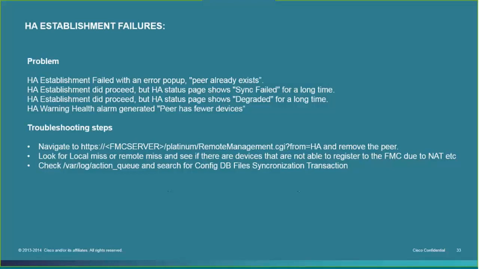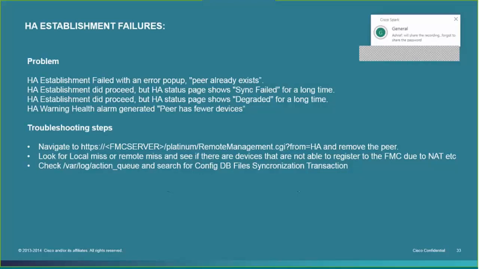Then moving on to degraded status: when an error message with degraded status is displayed for a really long time, we would need to investigate the logs mentioned to understand what could be the cause for the synchronization to fail. The other status that we can encounter is sync failed.